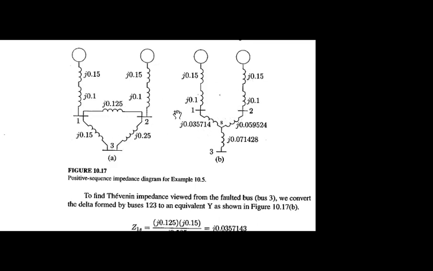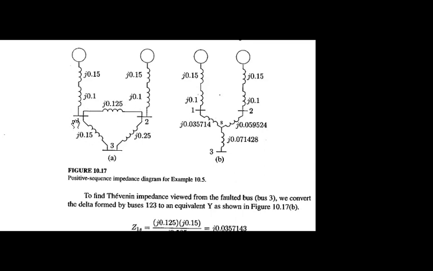That's why you have to shift the regular single line diagram to an equivalent Y network by delta-Y conversion, to generate the equivalent impedance across bus 3, which is the fault bus, based on the Thevenin equivalent concept.